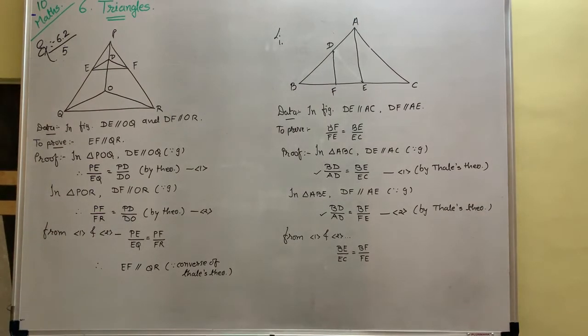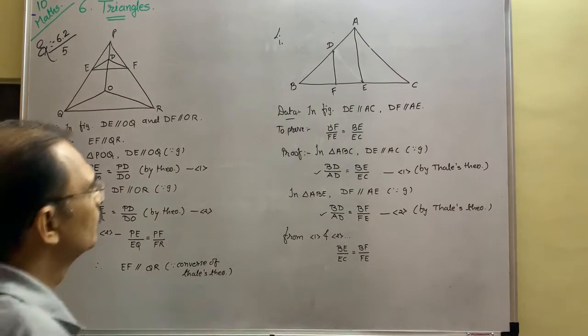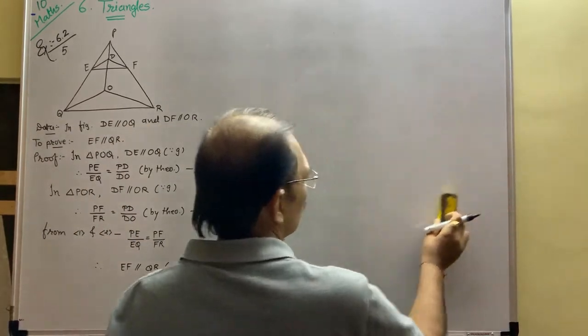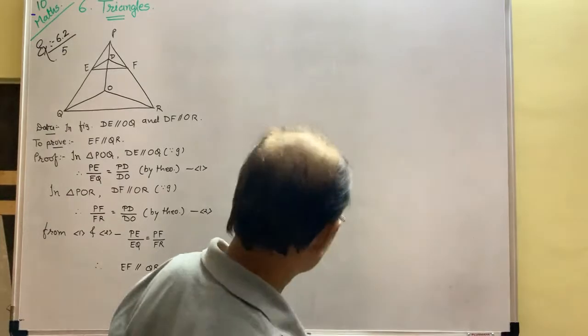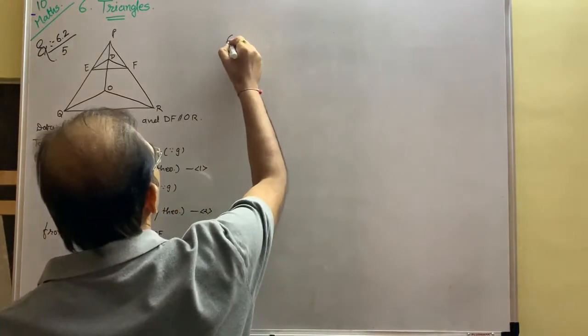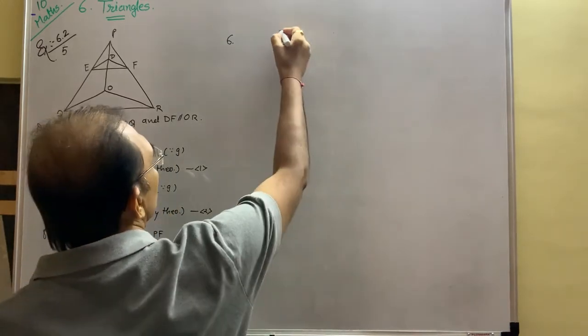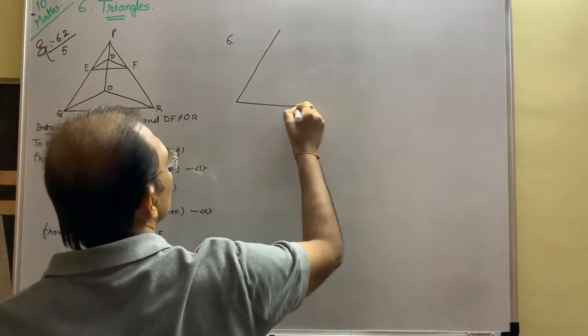Sixth question. In the figure, again a figure is given, triangle PQR.